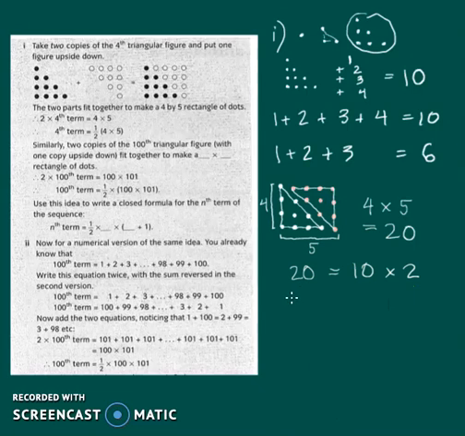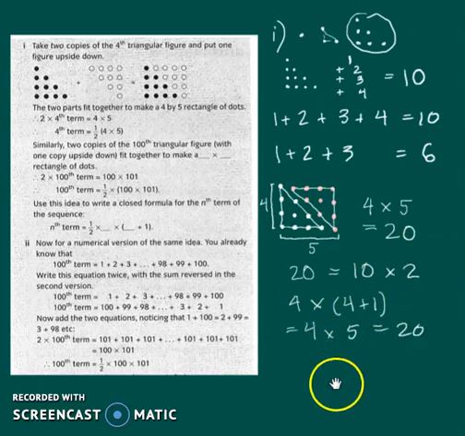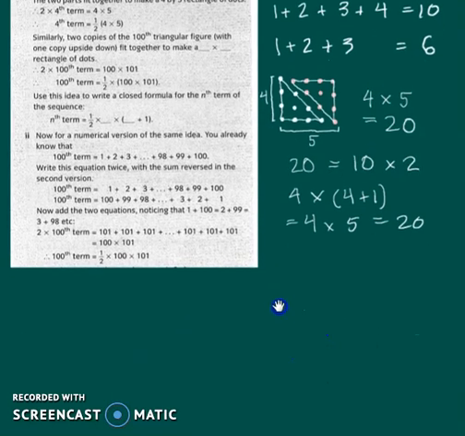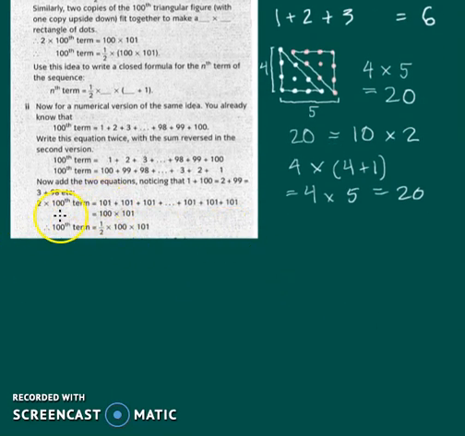Imagining the rectangle that these 2 triangles would make, the amount of dots that we would have is 4 times 4 plus 1, because remember that extra dot on one side from the other triangle, which is equal to 4 times 5, and that's 20. So we have to divide that number by 2 in order to find out how many dots are in one triangle. Let's try another example to get this thing to really make sense.